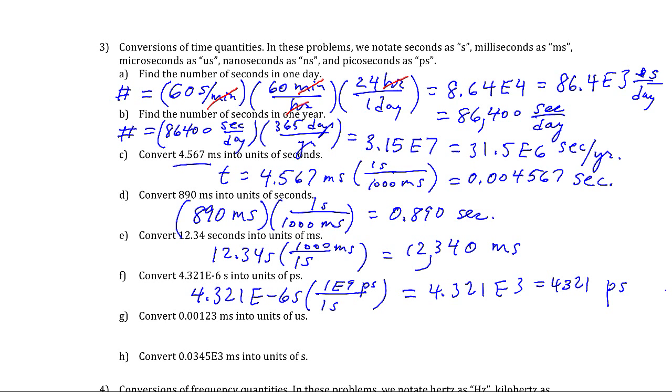0.00123 milliseconds into microseconds. 0.00123 milliseconds is equal to, well, I'm just going to multiply by a conversion factor. Okay, and I'm going to say that 1 millisecond is 1,000 microseconds.